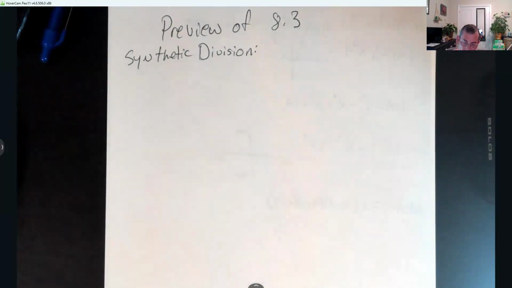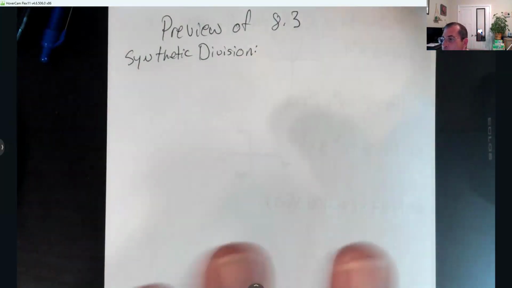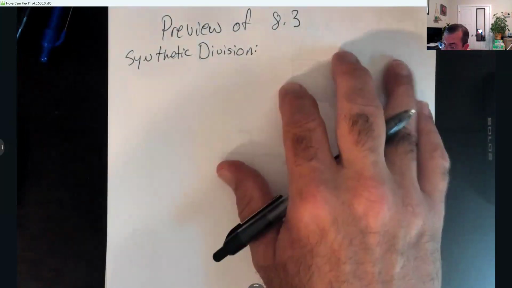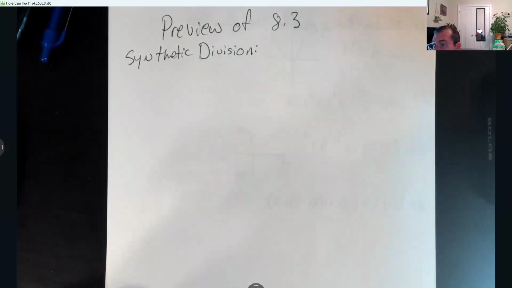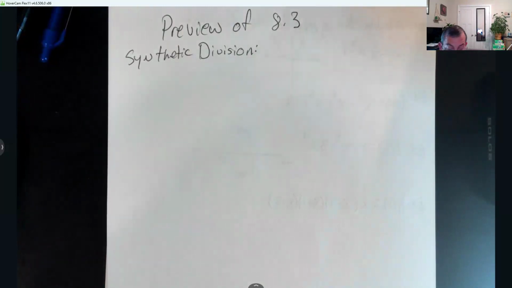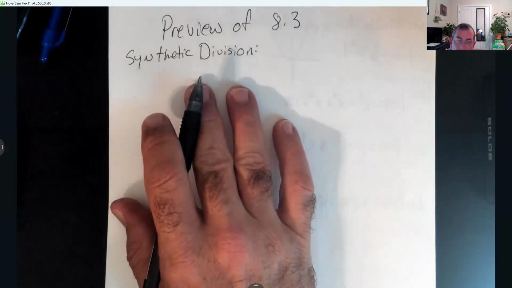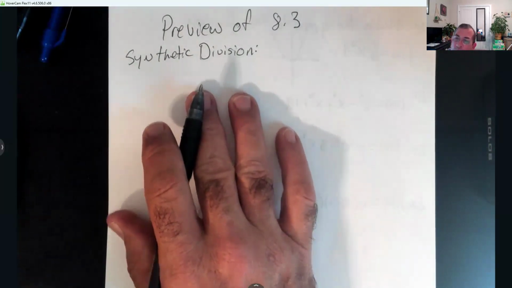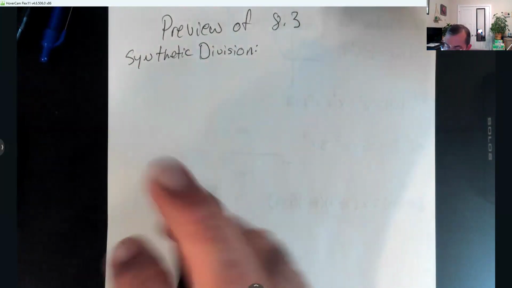Now, I'll tell you what we use synthetic division for tomorrow. We use it to find function values. We can use it to determine if a number is a zero or not. We can use it to find quotients and remainders. I'm going to show you just one problem to get you used to synthetic division for finding function values.